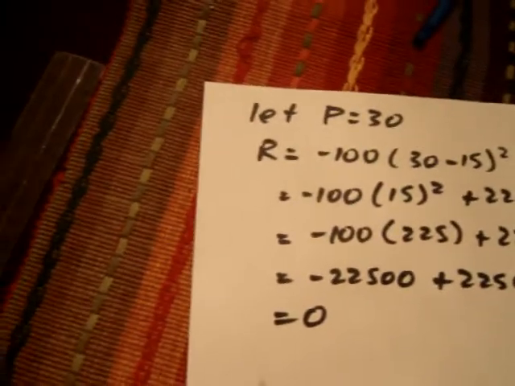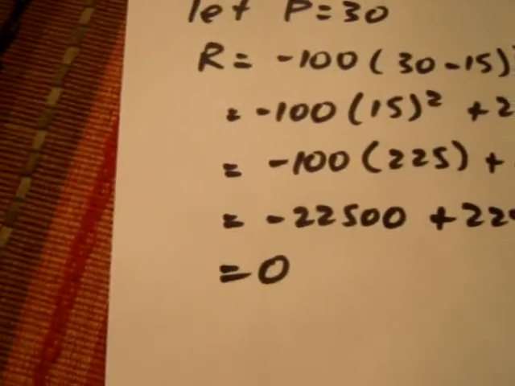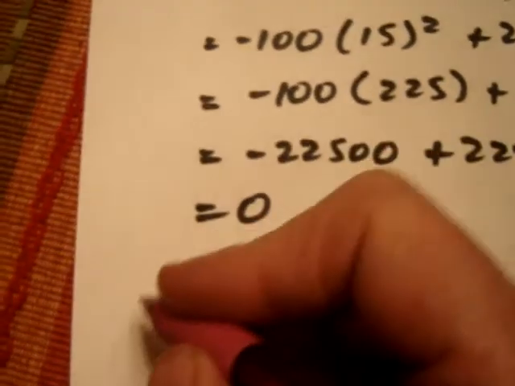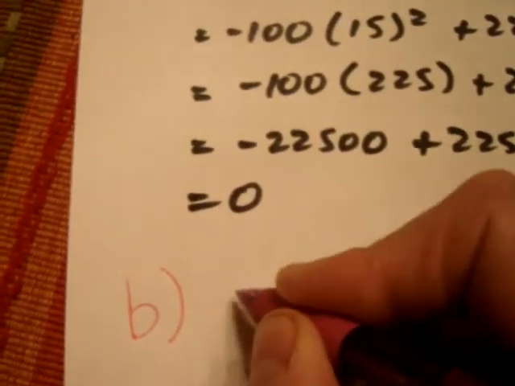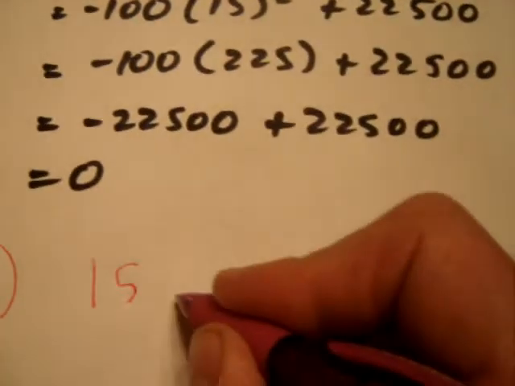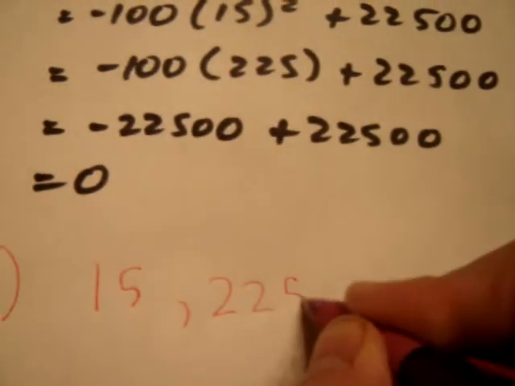Then, for part B of the question, it says, what is the vertex of the parabola, and what do the coordinates of the vertex represent? Well, in this case, the vertex of the parabola, as we saw from our table of values, was (15, 22,500).